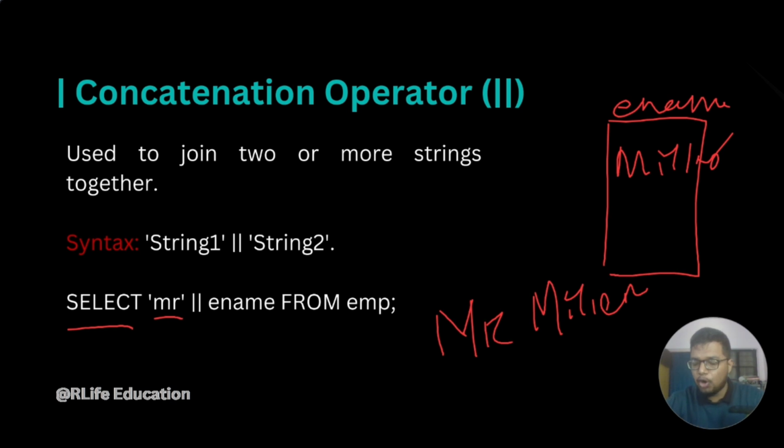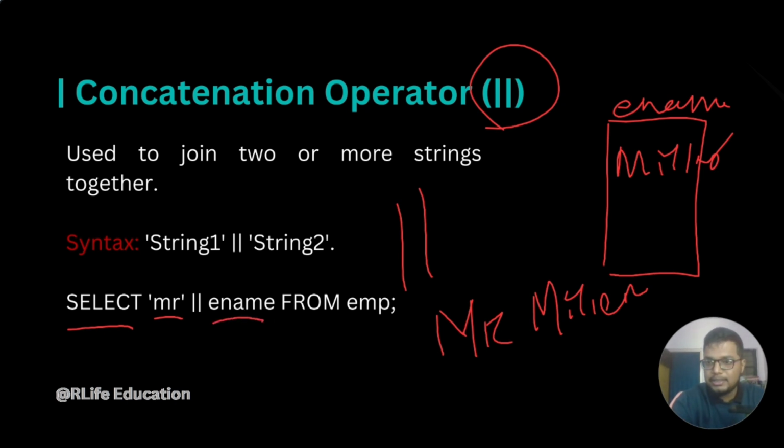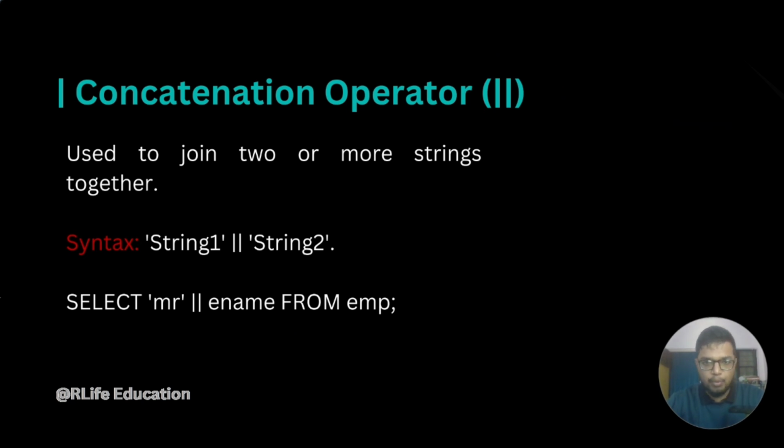This concatenation operator is represented by two pipelines. This symbol is called a double pipeline. Then I have to write another string. This employee name is one of the strings. Then from the employee table, I am extracting data from my table, whatever table you are using. Okay, this is all about the concatenation operator.